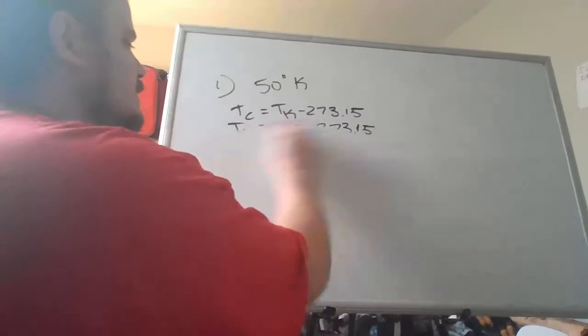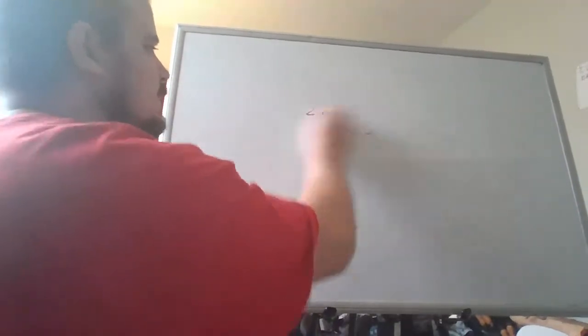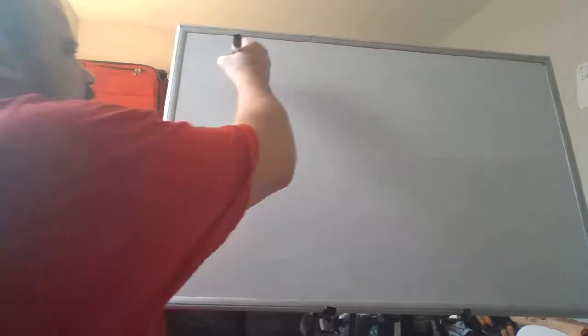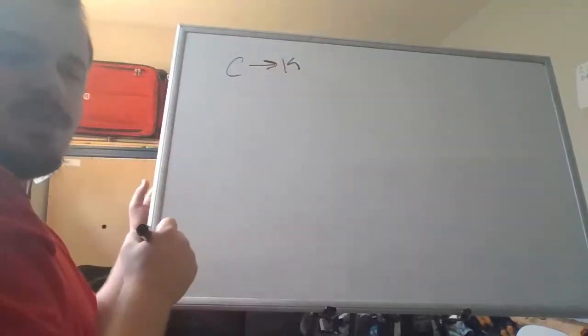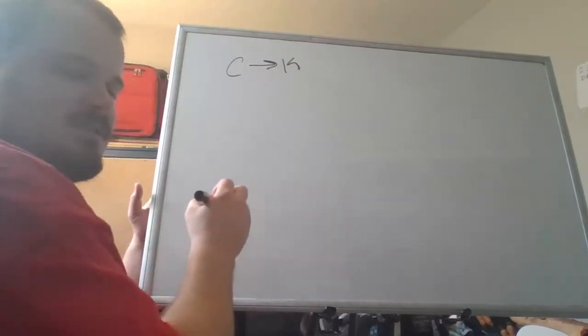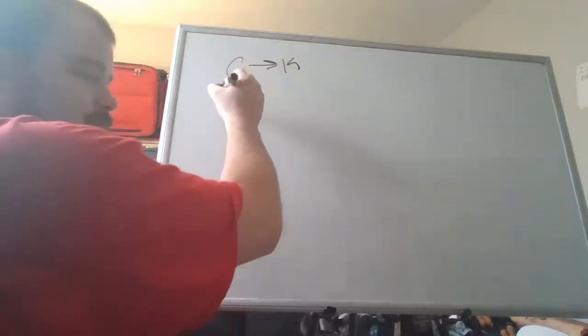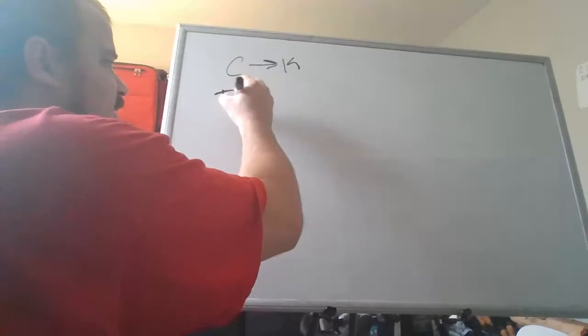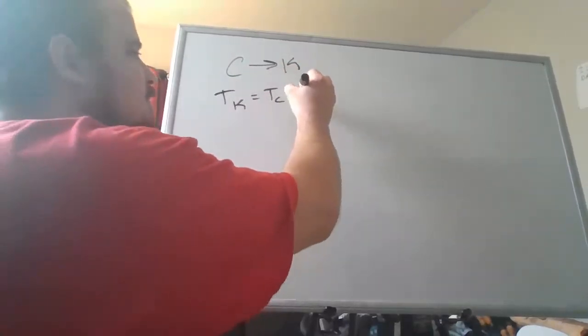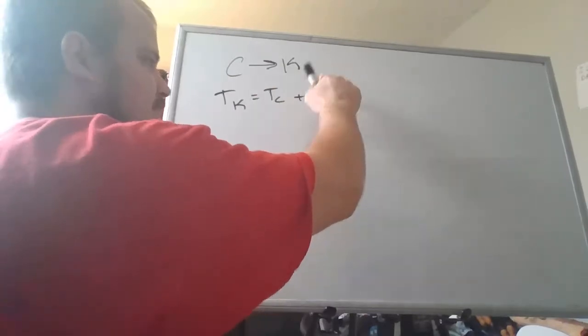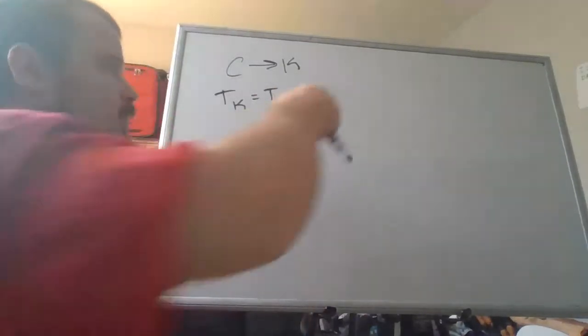For 3 and 4, notice it's different now. Now it's going to tell us what we have in Celsius, and we need to turn Celsius into Kelvin. For the first one, we have 50 degrees Celsius. So the temperature in Kelvin will be the temperature in Celsius, and this time you'll do plus 273.15.